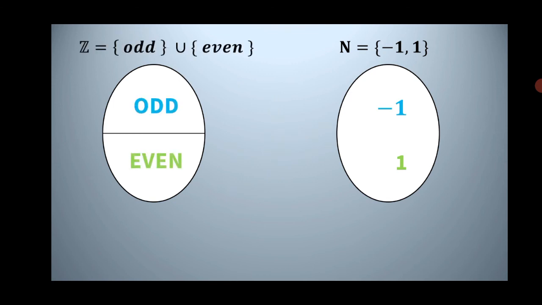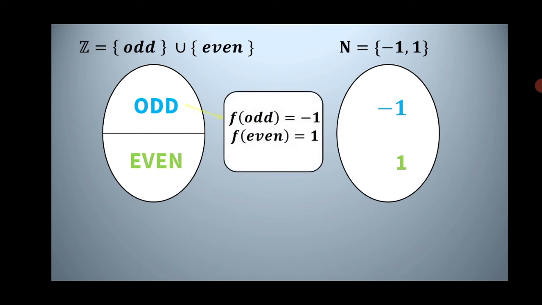Mathematically, we take a function between these two groups that takes all the odd integers and gives out -1, and takes all the even integers and gives out +1.